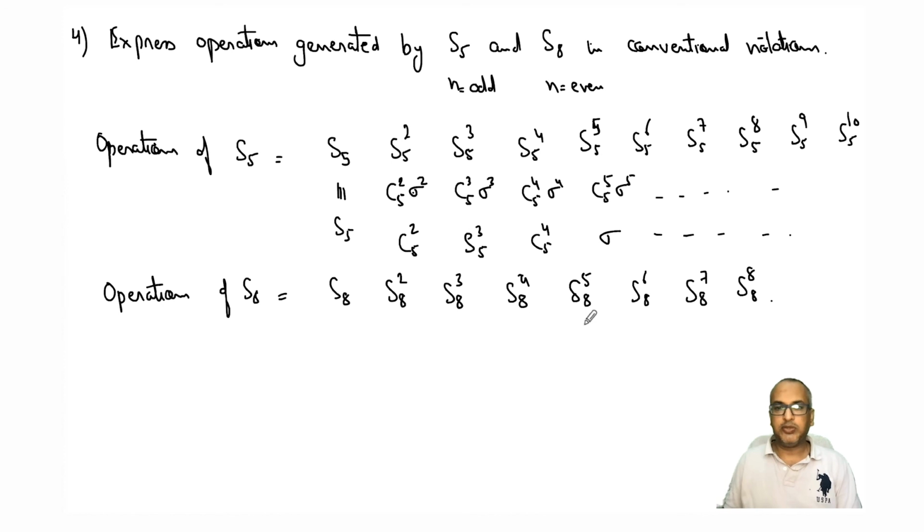Then you can figure out whether it will be S8 or C8 or sigma and so on, or E, right? That's how you can generate different operations by a rotation-reflection axis and find out the corresponding conventional notations.